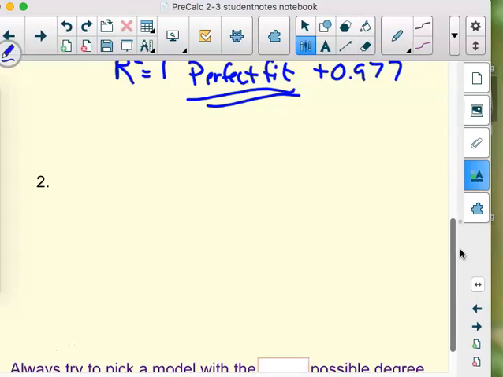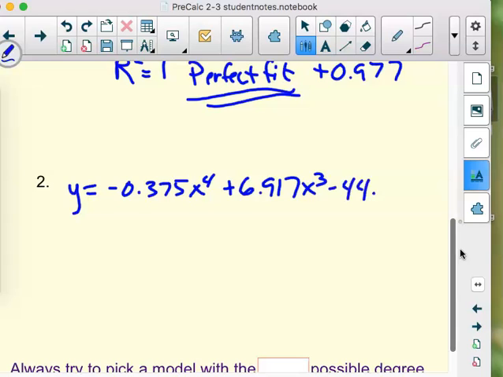So we'll go back here and get that equation written down as y equals negative 0.375 x to the 4th plus 6.917 x cubed minus 44.125 x squared plus 116.583x.